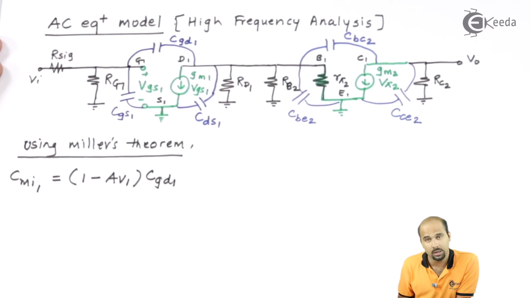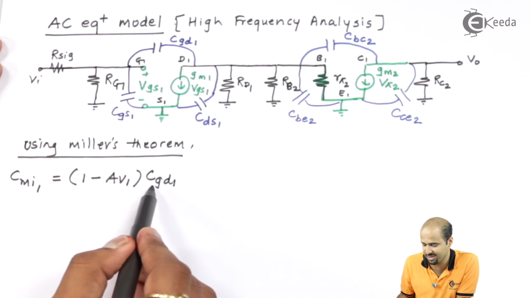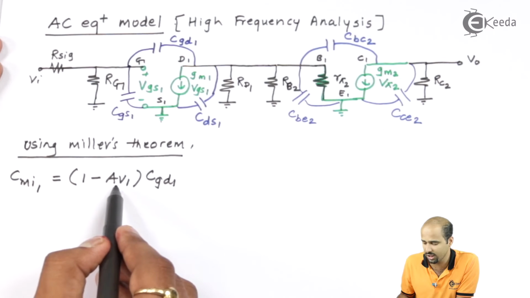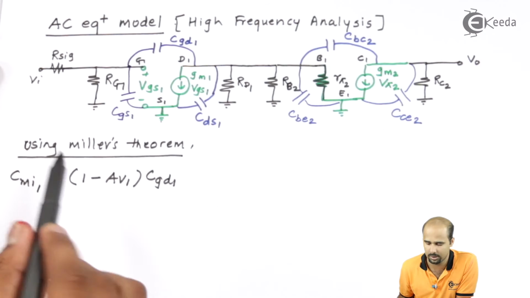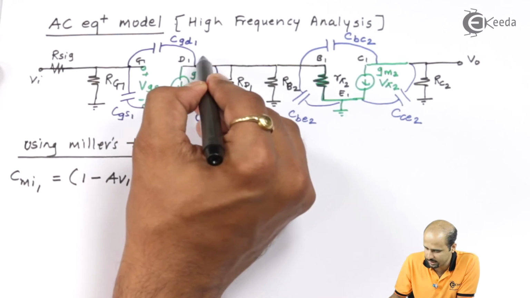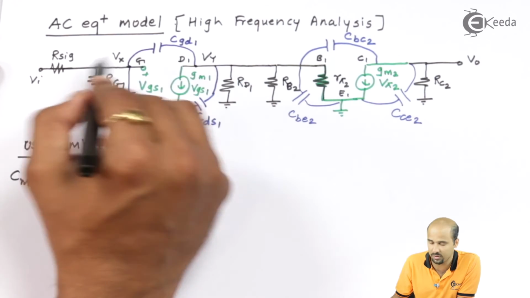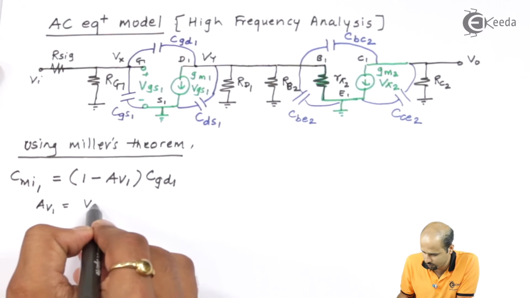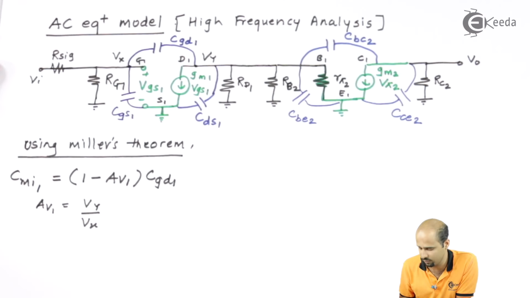I'm again repeating, CMI1 is equal to 1 minus AV1 multiplied by CGD1, whereas AV1 is nothing but the gain of complete stage 1 when our signal is placed, right? So if this is Vy and this is Vx, then Vy divided by Vx is nothing but AV1.